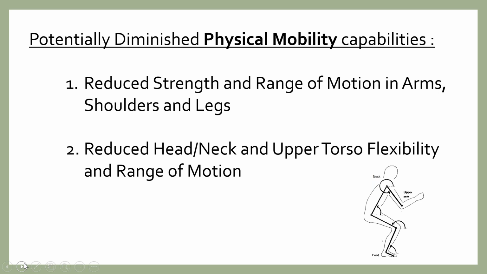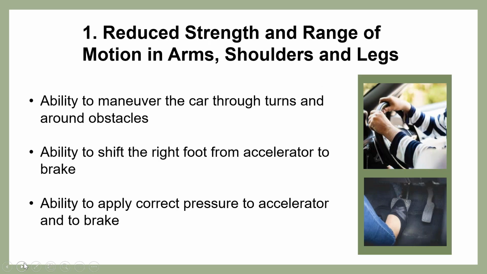So let's transition to the physical mobility capabilities that tend to diminish, and that's a reduction in strength and range of motion in arms, shoulders, and legs, and reductions in head, neck, and upper torso flexibility. Our ability to turn our necks can diminish as we age.